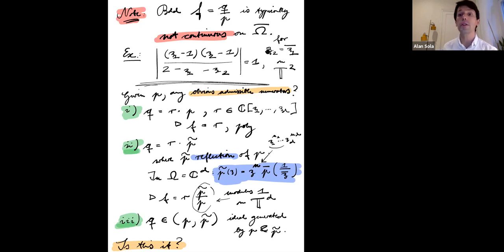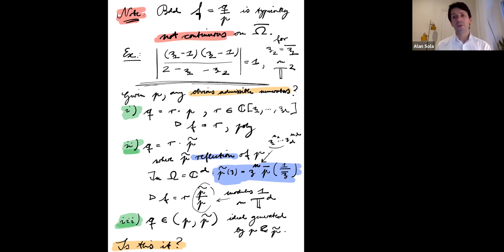But if you plug in z2 equals z1 bar, then this entire expression turns out to have modulus equal to 1. So this function cannot possibly be continuous on T2. So bounded rational functions are regular in some sense. They have non-tangential limits at every point, but they need not be continuous functions on the closure.